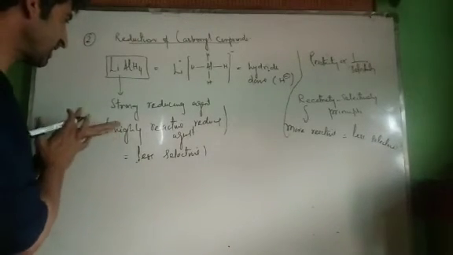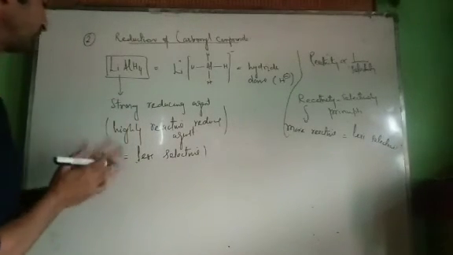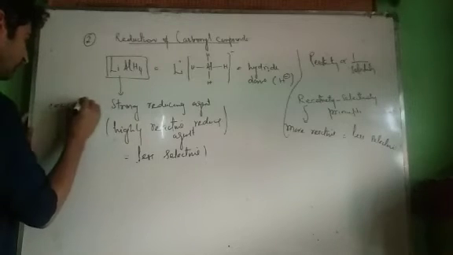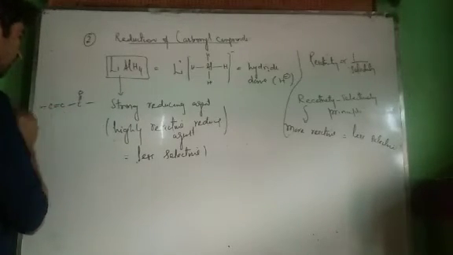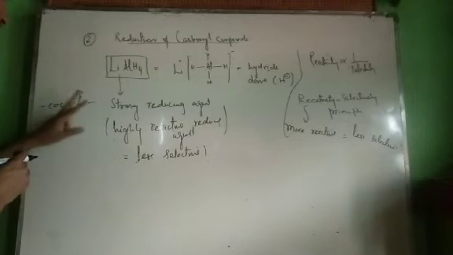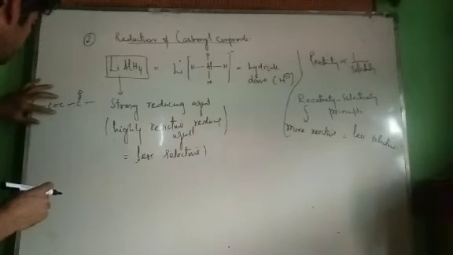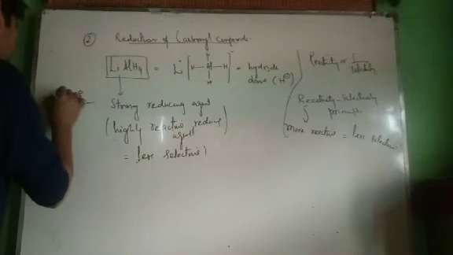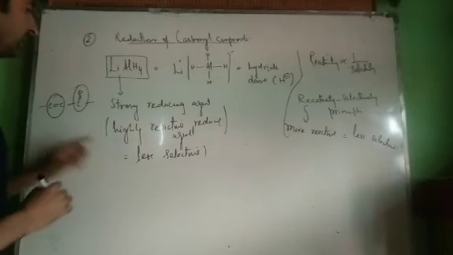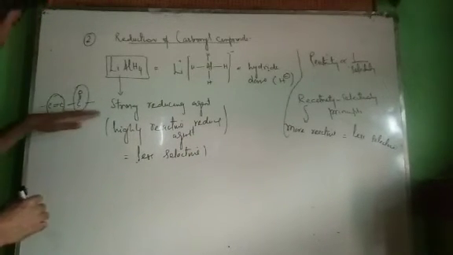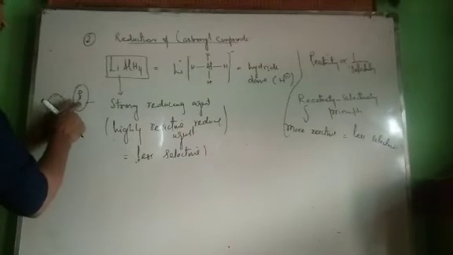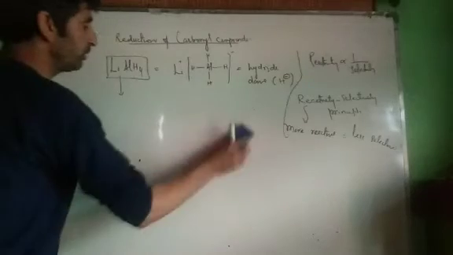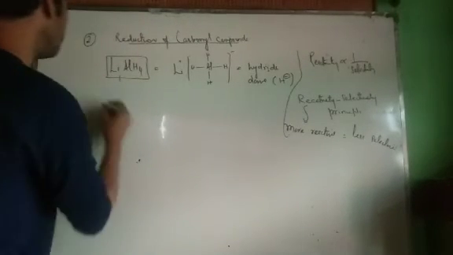For example, suppose a compound contains a carbon-carbon double bond and a carbonyl group. The unsaturated part in a compound gets reduced. If you have a highly reactive reducing agent, it can reduce both of these parts. That's why it is less selective. It cannot be used for this reaction if you only have to reduce the ketonic group. We'll see an example. We have one more reducing agent, that is sodium borohydride.